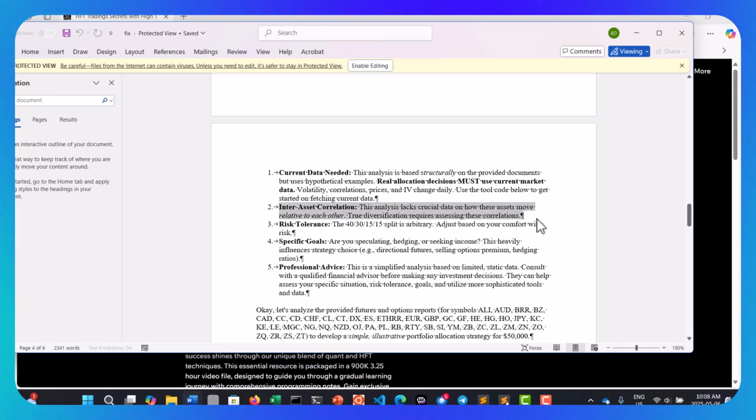This is another important one to find those uncorrelated assets. Among all the other tools we've got, we can use this to know the inter-asset correlation and autocorrelation. This is how these assets move relative to each other. Very important to understand that.